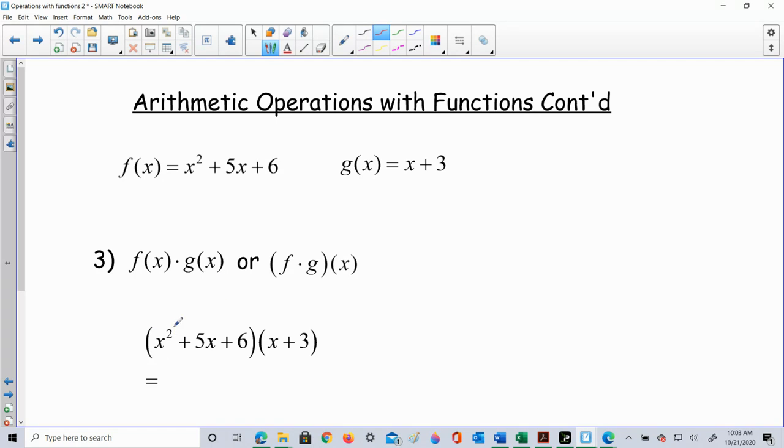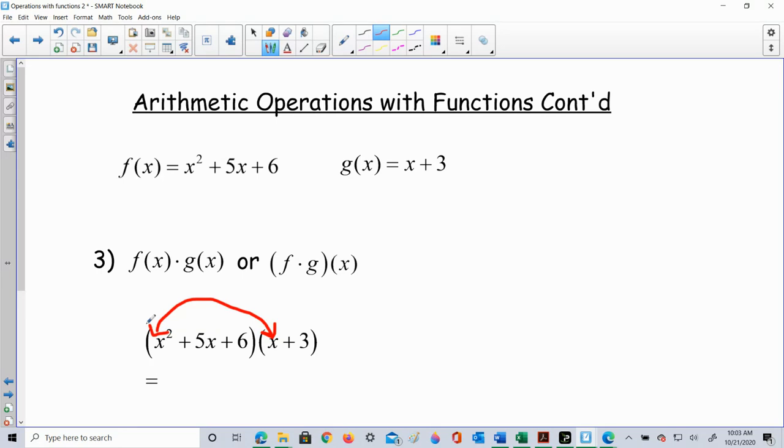I have to take this x squared and multiply it by this term and this term. Then I take the 5x and multiply it twice, and then the 6 and multiply it twice, and then put everything together. So the first thing I want is x squared times x.